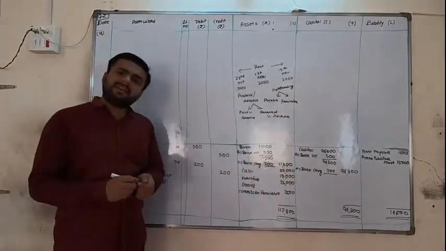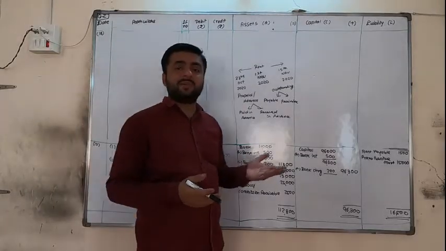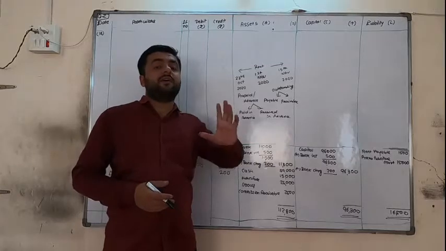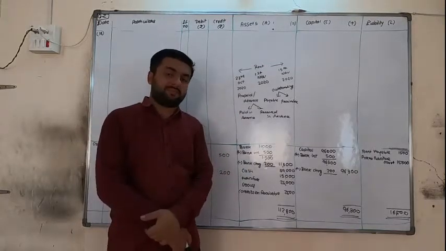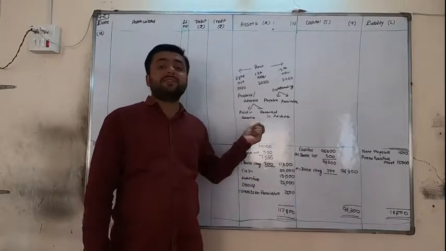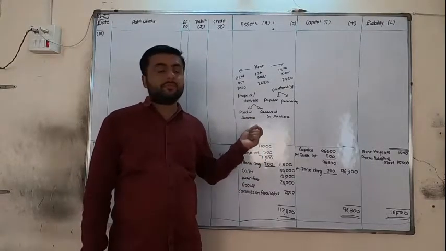This theory has already been seen in chapter number 2. If any of you are still unaware, then you have to watch the lectures of that second chapter. I explained the same thing, but now I am explaining with the journal entries.